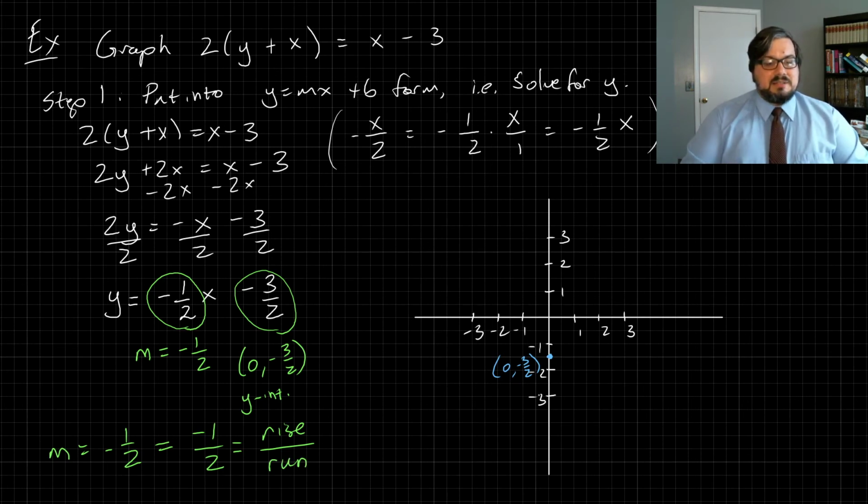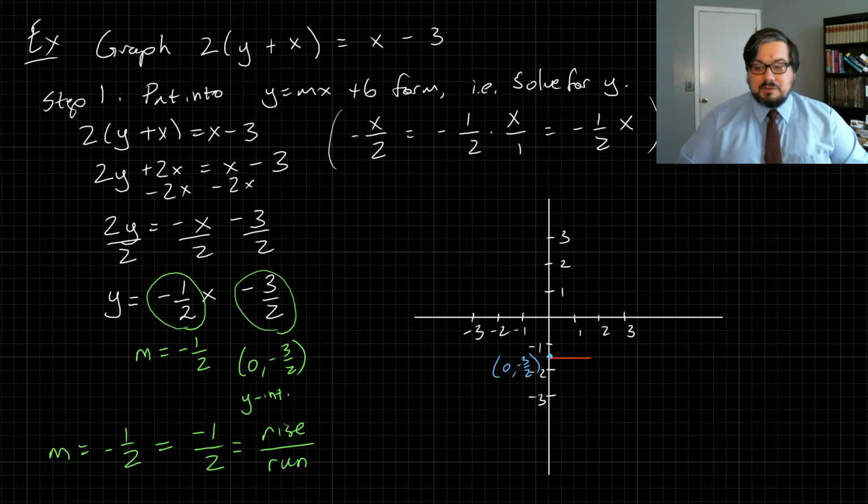What this means is that to get from one point on my graph, like the y-intercept we have plotted, to another, I need to move to the right by 2 units and down by 1 unit. Down because that negative 1 is negative.